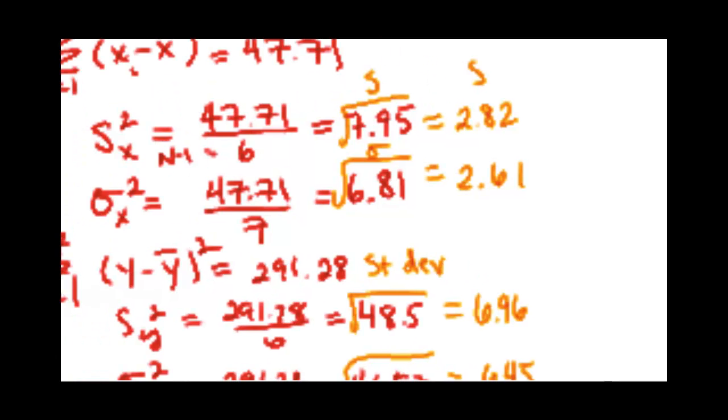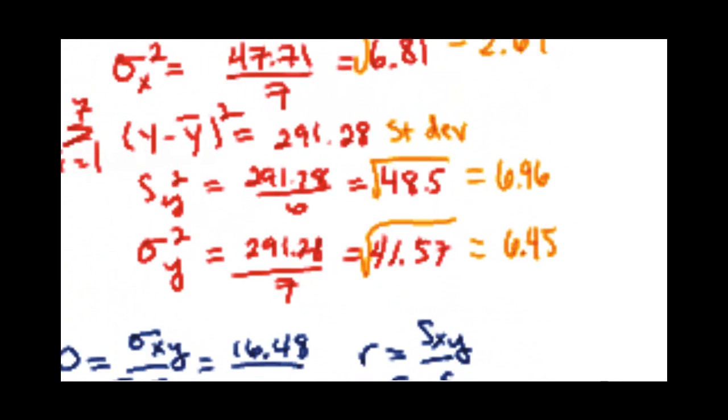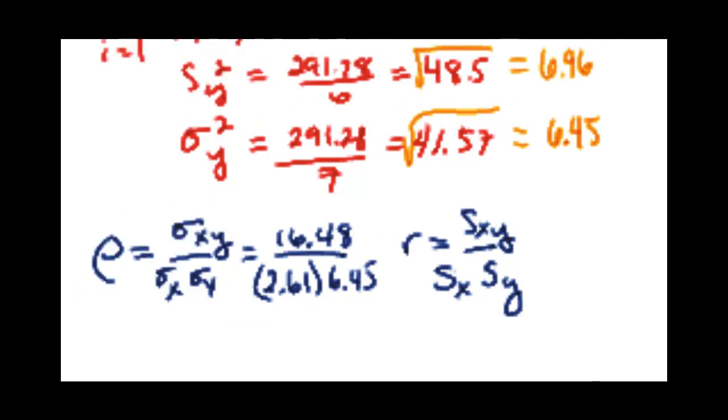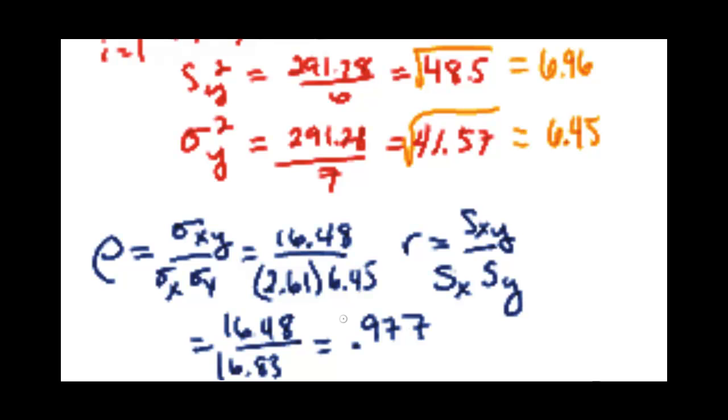And then if you take the product of sigma x, 2.61, times sigma y, 6.45, you're going to get a total of 16.48 divided by 16.83, which gives you a very close to 1 value of 0.977, as we expected.